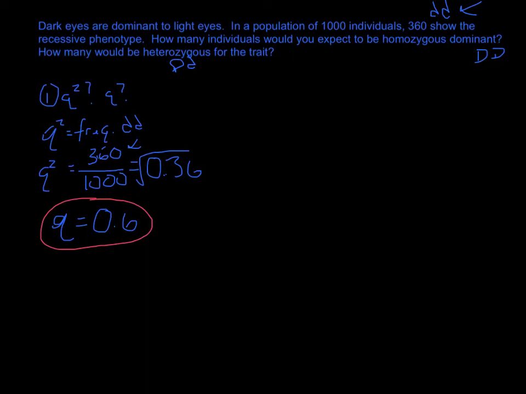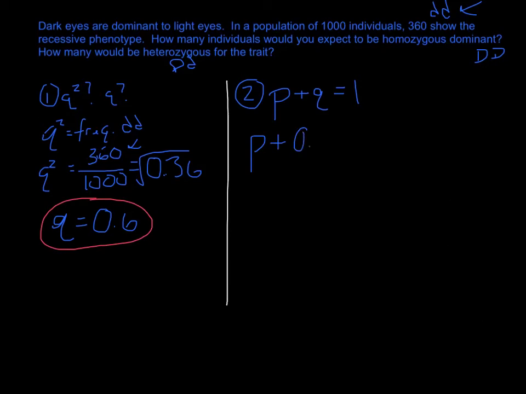Now, the second step that we want to take is to use the smaller piece of the formula, which is p plus q equals 1, to solve for p. So in this case, you just plug in that q value, p plus 0.6 equals 1.